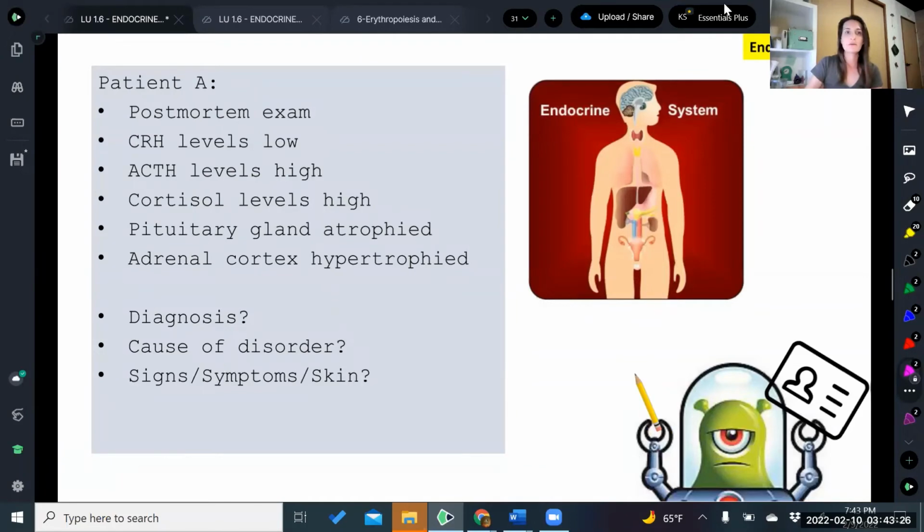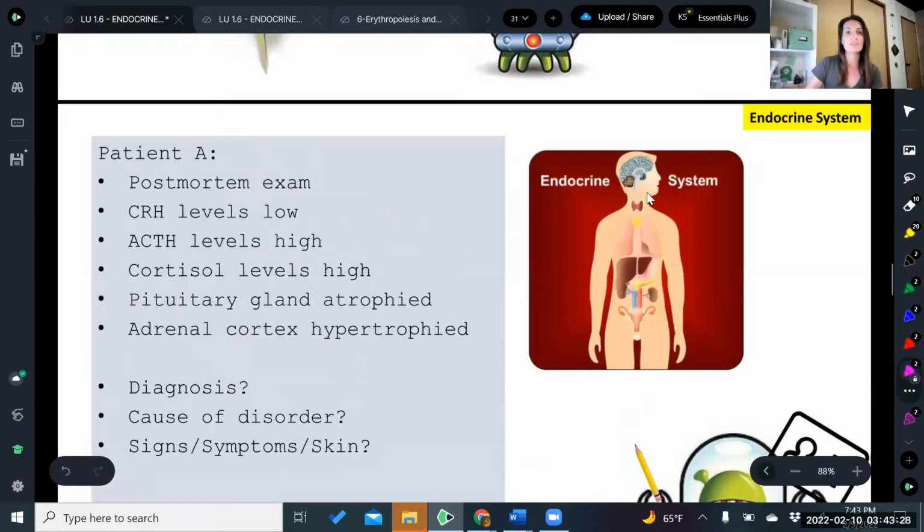And here we're saying we have an individual, this is a post-mortem exam, so we can actually weigh their glands, their organs. So we can see whether glands and organs have atrophied or hypertrophied. And we can also measure the hormone levels within the blood as well, what would have been circulating levels. We do that for CRH and ACTH and the cortisol.